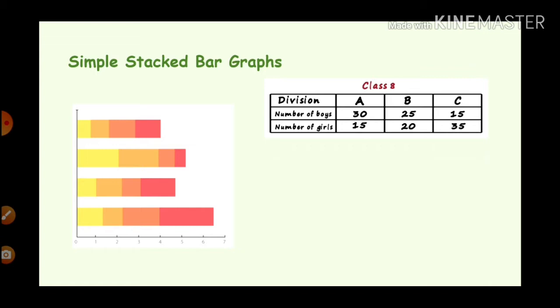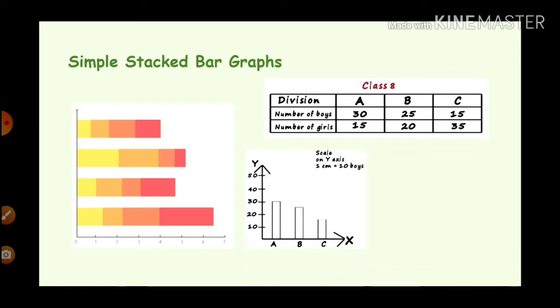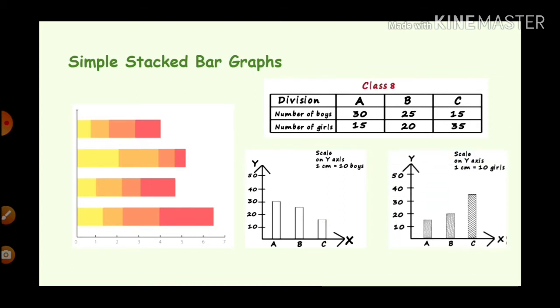Okay, normally if we draw a bar chart, it's going to be like this. This is for boys: class A I have 30, B 25, C 15. And if I draw a bar chart for girls, class A is 15, then 20, and 35.